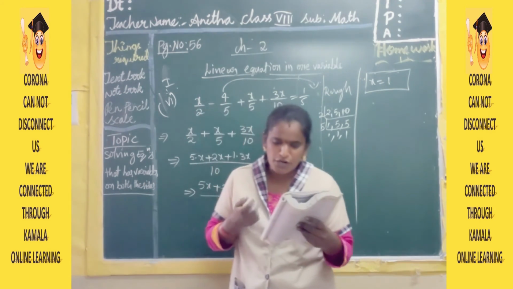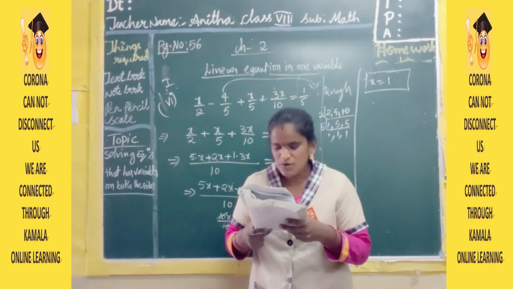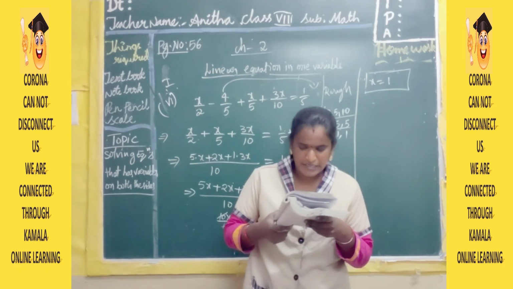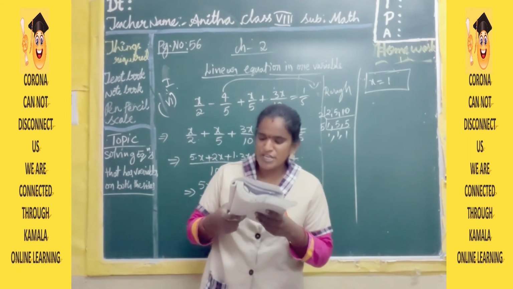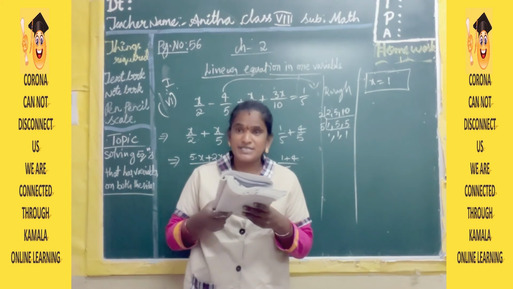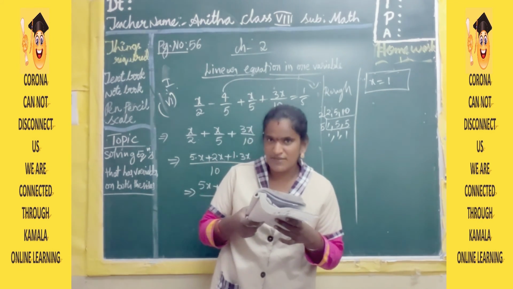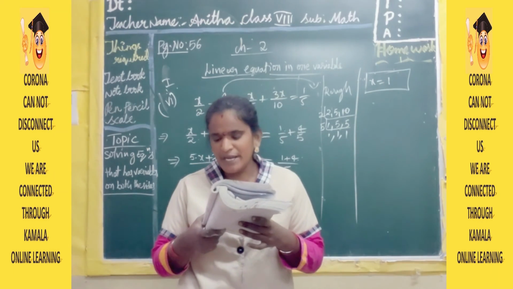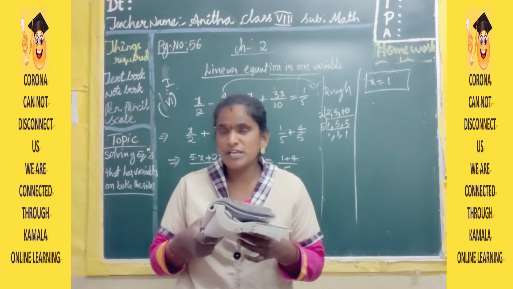Same like that only, you have to finish the remaining problems also. In your textbook observe the 12th one, it has some difficulties, children. It is the combination of 3t plus 1 by 16 minus 2t minus 3 by 7, which should be equal to t plus 3 by 8 plus 3t minus 1 by 14.